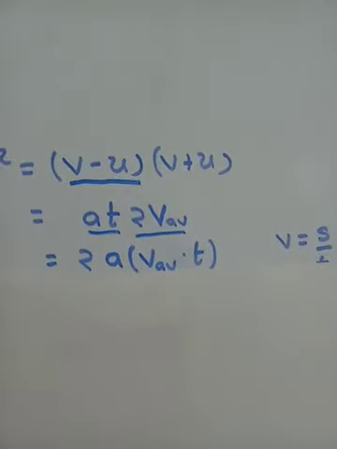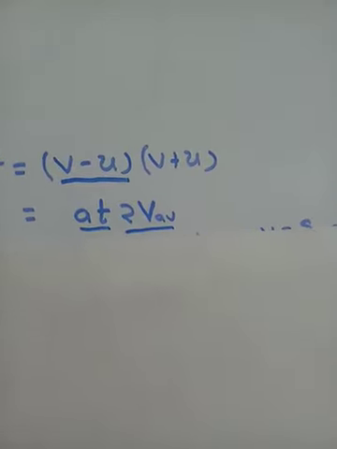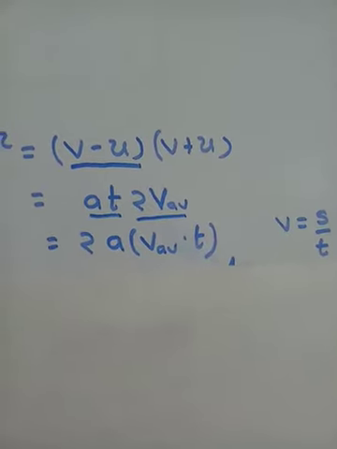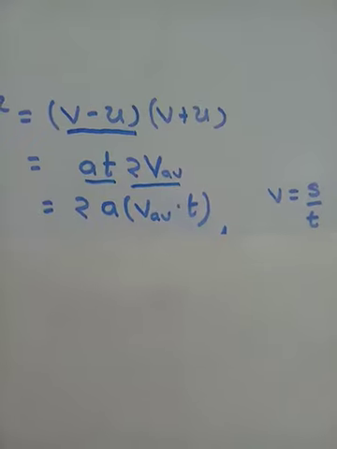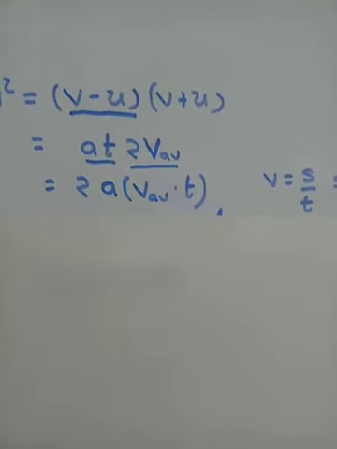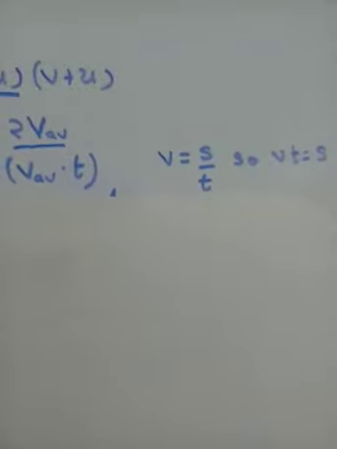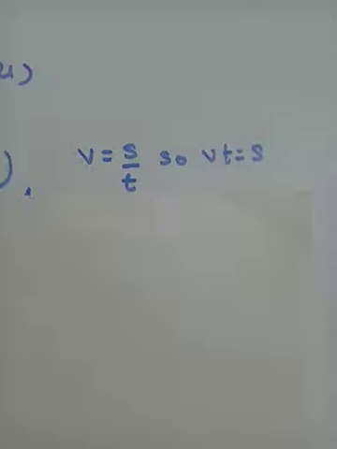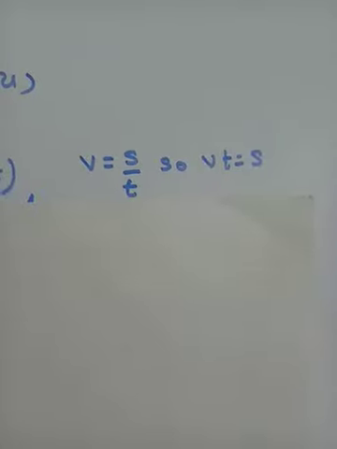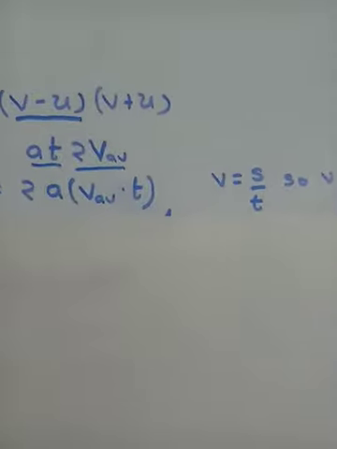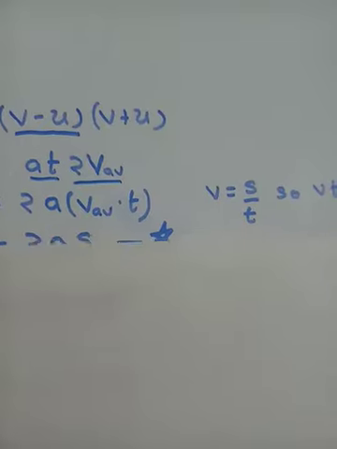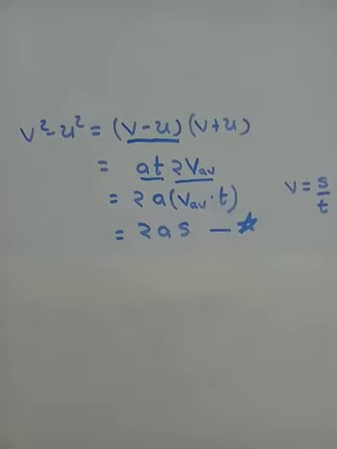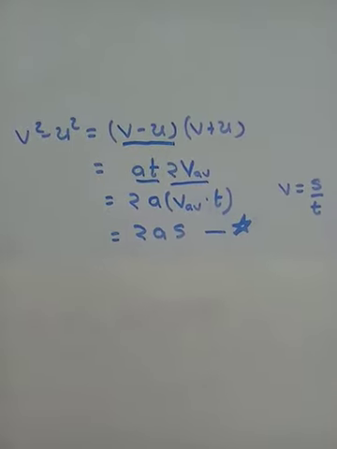So this is at times 2 v average. Rearranging, 2 and a are kept on one side, average velocity and time are taken into the bracket. What is average velocity? Average velocity is equal to distance over time, so velocity into time becomes equal to distance, vt equals s. Substitute this: whatever is in the bracket equals s. So this is a very easy derivation: v square minus u square is equal to 2as.